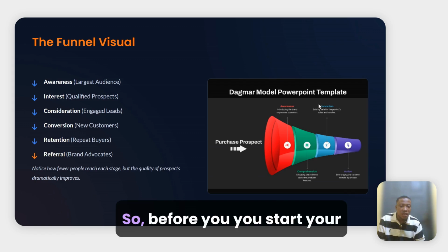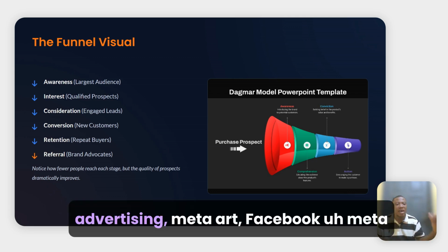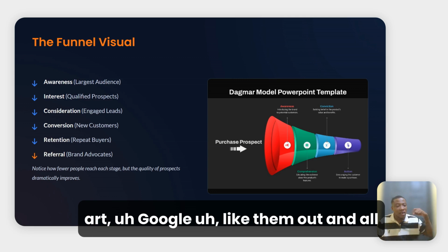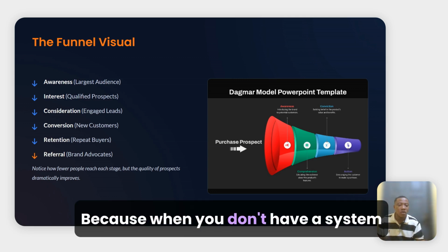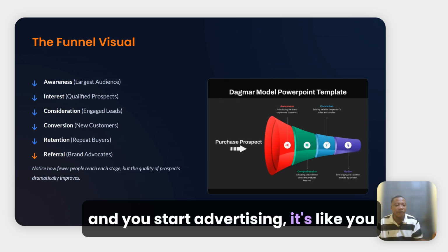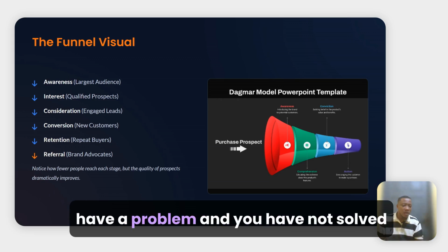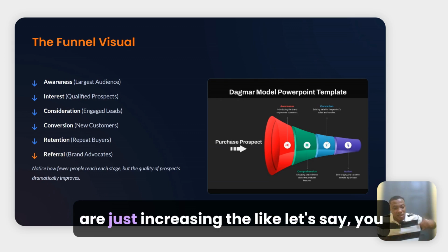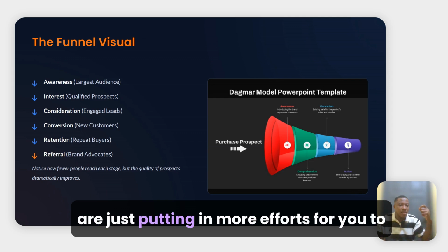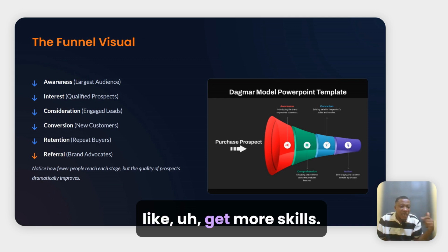So this is a system. Before you start your advertising, Meta ads, Facebook ads, Google ads, LinkedIn ads, you need to have a system. Because when you don't have a system and you start advertising, it's like you have a problem and you have not solved it, and you are just putting in more effort to get more sales.